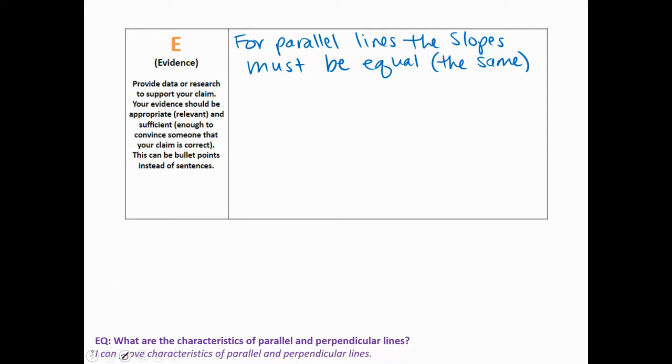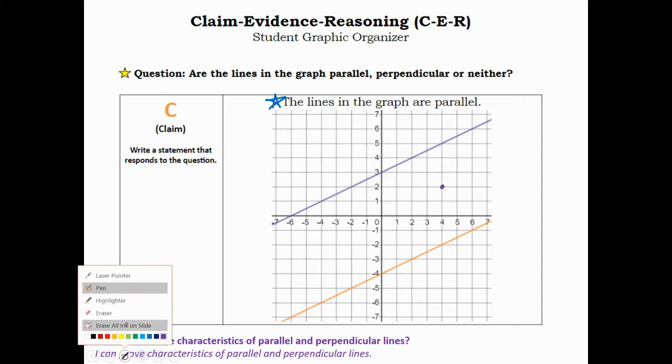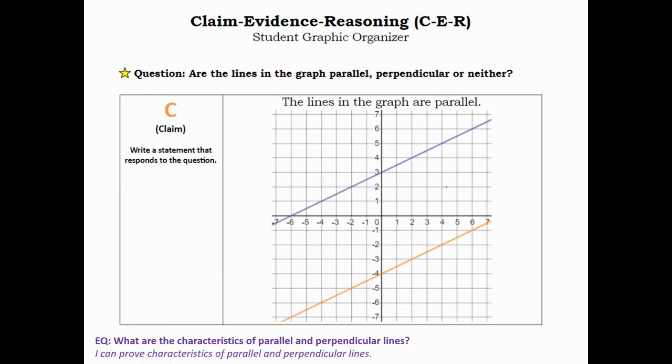So I'm going to go back to my picture and see what else I can do with that. So I know the slopes are supposed to be the same. So I'm going to see if I can figure out if they are in fact the same. I'm going to start with my purple line, the one on top. And I'm going to look for a place where the line perfectly crosses a corner. Like right here, there's a corner right there. Well, my purple line doesn't cross there, but that is a perfect corner. I see one right here.